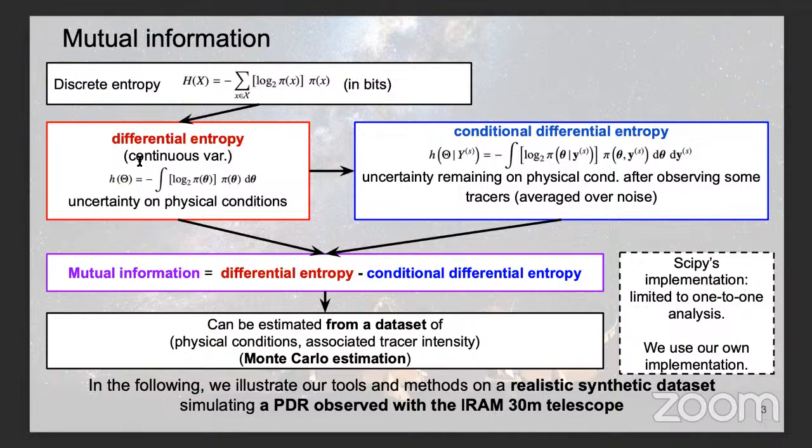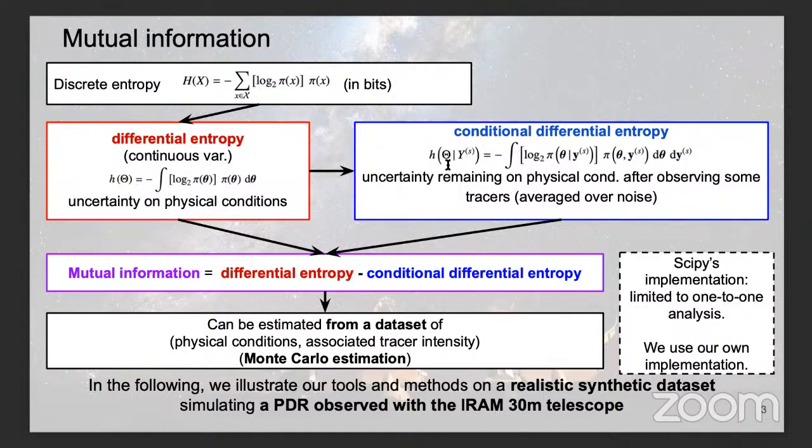The entropy for one variable gives an idea of how uncertain you are about the variable. For instance, it can be applied to a prior probability distribution that encodes what you expect about the variable. And then the higher the entropy, the less you know about the variable. When you move to the conditional entropy, it tells you how uncertain you are about the variable once you have observed a given tracer.